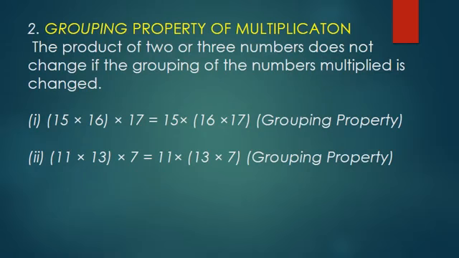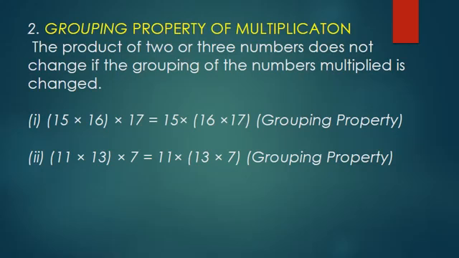Second one is the grouping property of multiplication. The product of two or three numbers does not change if the grouping of the numbers multiplied is changed. So example, 15 into 16, in the bracket, and outside the bracket multiplied by 17, is equal to 15 into, in bracket, 16 into 17.